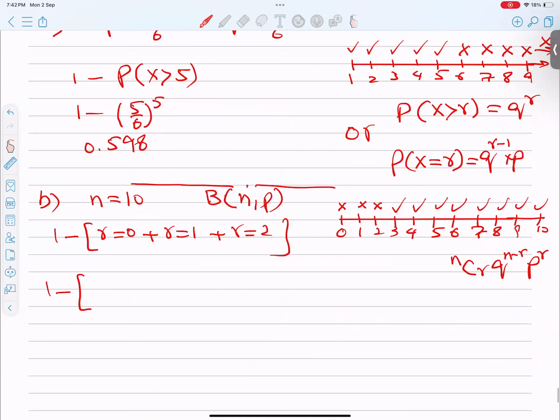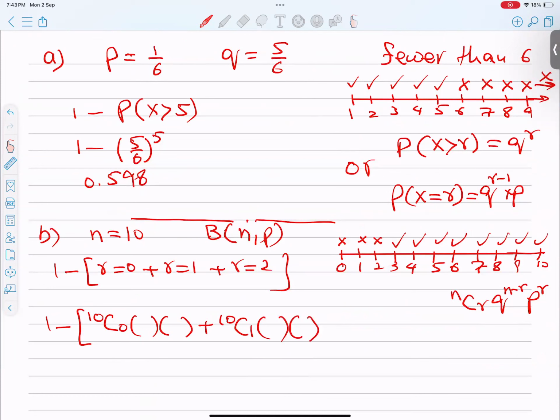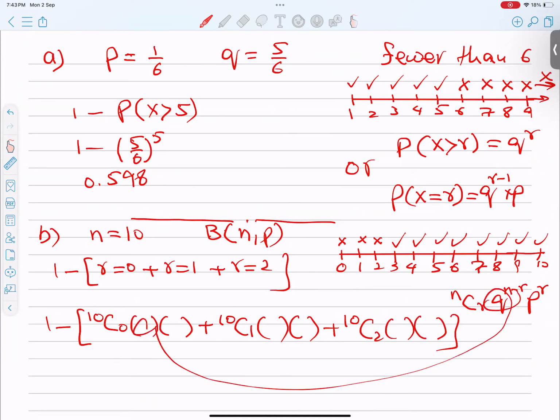Let's start. With the formula, n is 10, r is given, and plug in these numbers. But hold on, p and q are mentioned at the top. So let's apply 10C0 with 2 brackets, 10C1 again with 2 brackets, then 10C2 again with 2 brackets. In the first bracket we get q, which is 5 by 6, and in the second, 1 by 6.